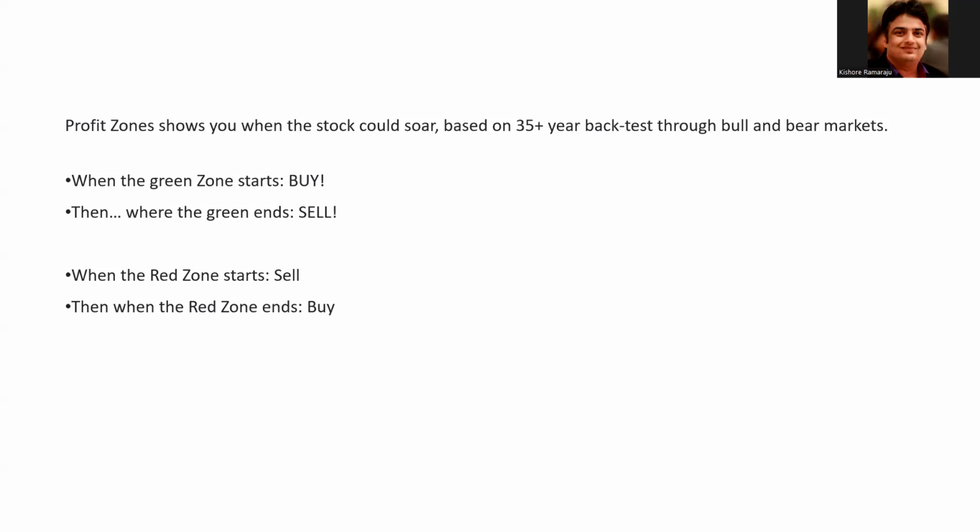That means in the last 30-35 years, 90% of the time during those weeks, the stock dropped. So this tool will help us identify the common weeks in the last 35 years where a stock consistently moved up 90% or more of the time, or the weeks in which a particular stock moved down. That is what this profit zone indicator will help us with. We can buy stocks or options and make huge money.